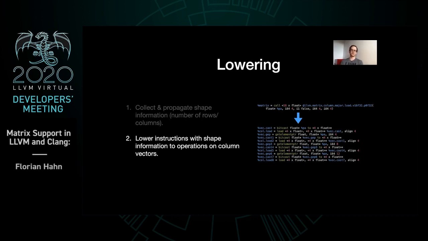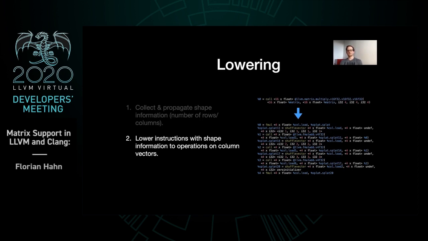So we start out with our column major load, which we're going to break down into 4 separate loads, where each load loads a single column, and we emit the necessary address computations using the user-specified stride as well.